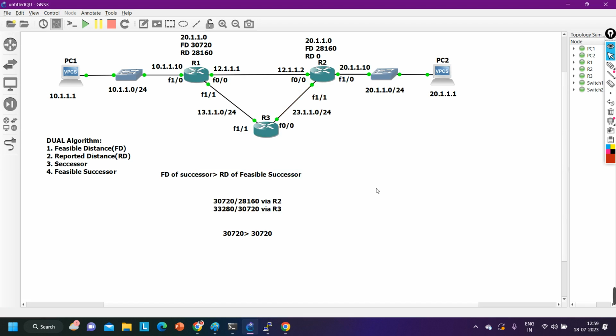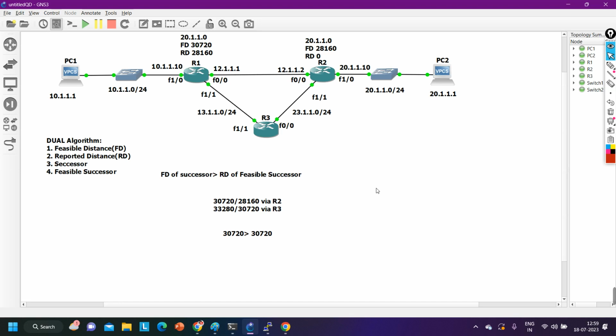So it should be very clear to you which paths a router installs in its topology table. A router installs only two paths in its topology table: one is the successor and another one is the feasible successor. But for the feasible successor, we have one feasibility condition, that FD of successor must be greater than RD of feasible successor. If this feasibility condition matches, then the router will install both feasible successor and successor in its topology table.